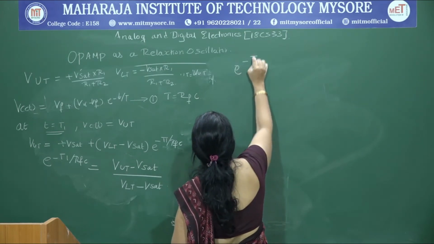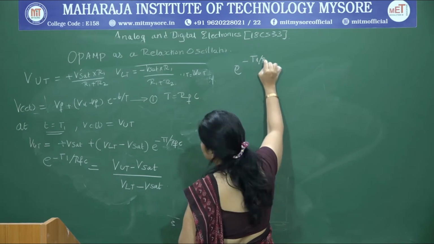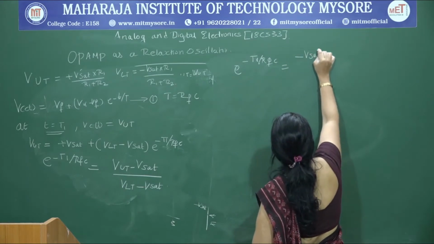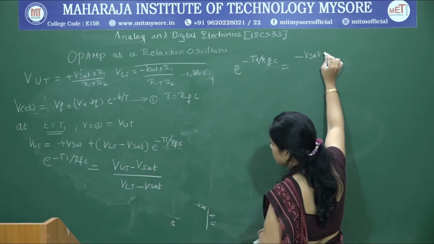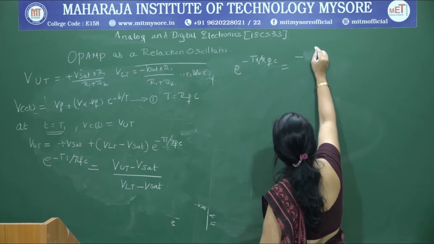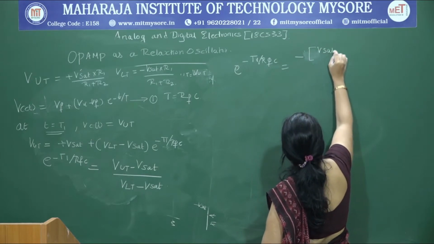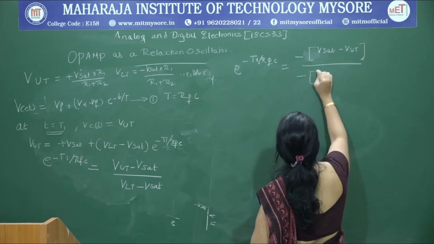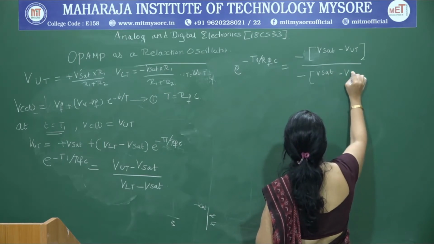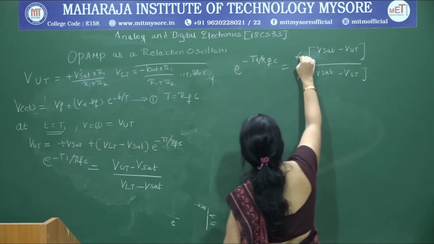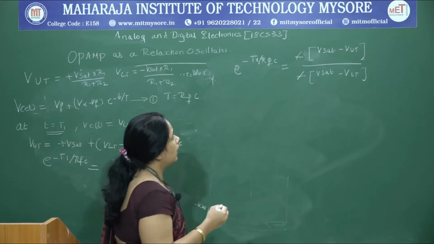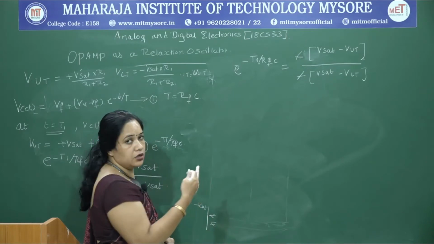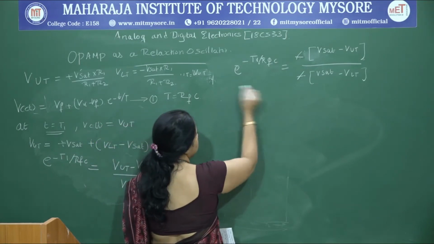So, I end up getting minus T1 by RF into C is equal to minus Vsat common, the minus sign I take common, it becomes VUT divided by minus Vsat minus VLT. So, this gets cancelled. Now, I want to arrive at an expression for T1, so I take the natural logarithm on both sides.